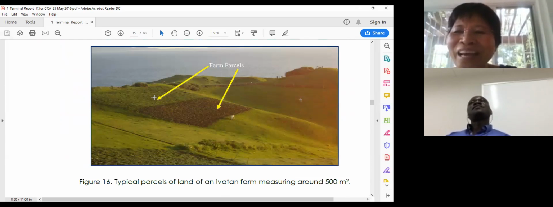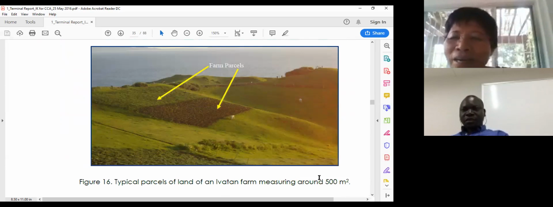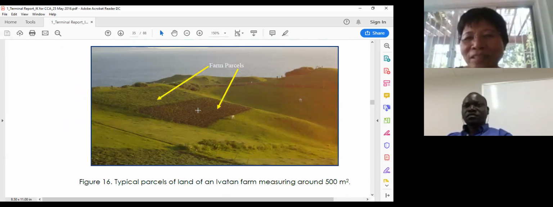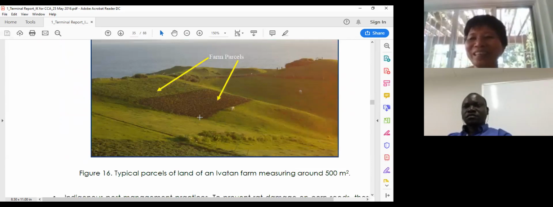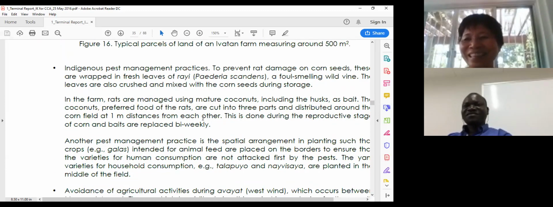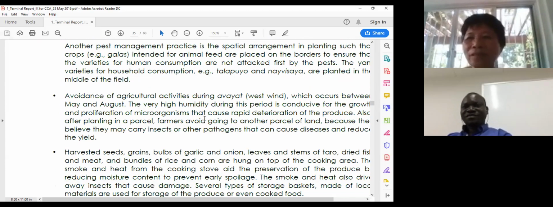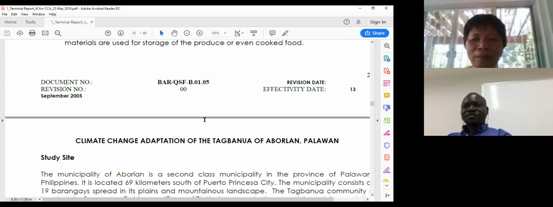Each parcel is about 500 square meters, a typical parcel of land that they use. So if this one dies because of a certain hazard and is not resilient to climate change, they still have this for food. Very interesting, isn't it? They don't plant for the whole thing.